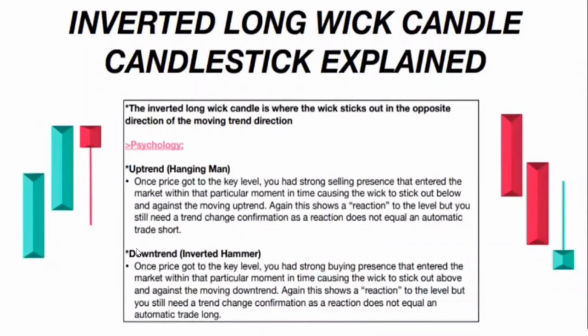Once price got to the key level, you had a strong selling presence that enters the market within a particular moment in time, causing the wick to stick out below and against the moving uptrend.